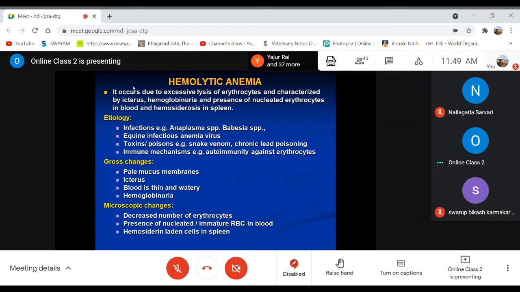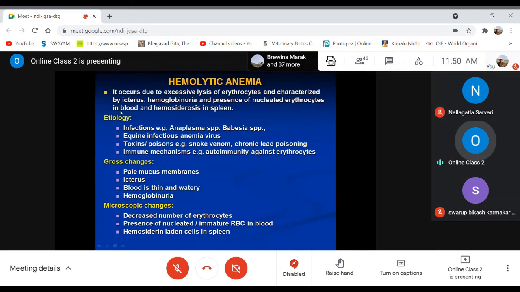Then along with that, hemoglobinuria will be there, meaning bilirubin and urobilinogen will be coming through the blood circulation and going out along with the urine. The percentage of hemoglobin will be more, coming out through the urine, what we call hemoglobinuria, and the presence of nucleated cells in the blood, as well as hemosiderosis in the spleen, meaning hemosiderin pigments.